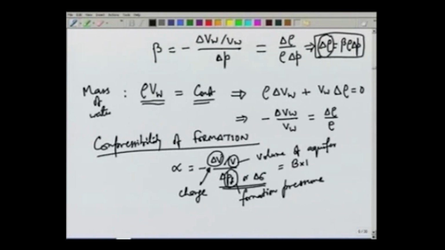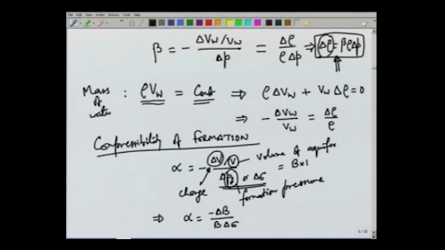Delta rho we have seen from here can be related with the water compressibility. Delta B can be obtained from here. Over B delta sigma.